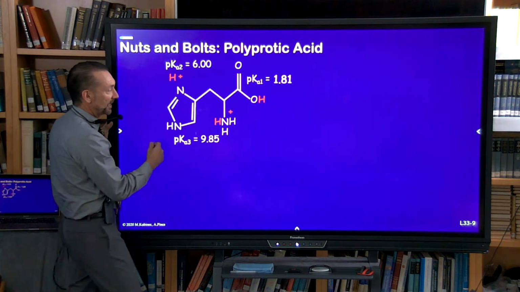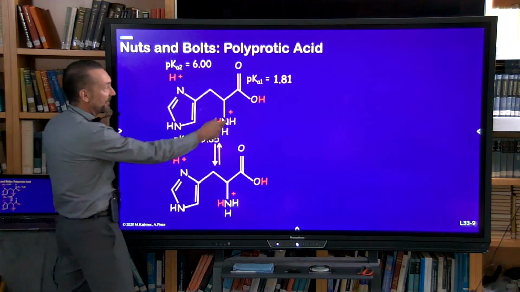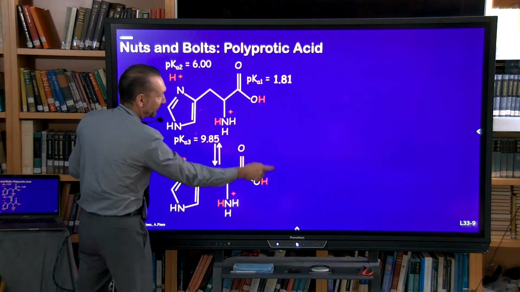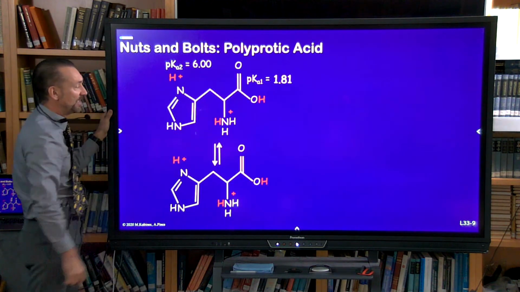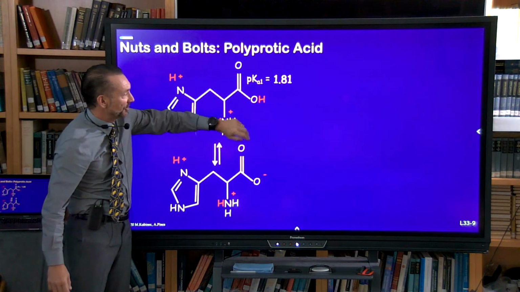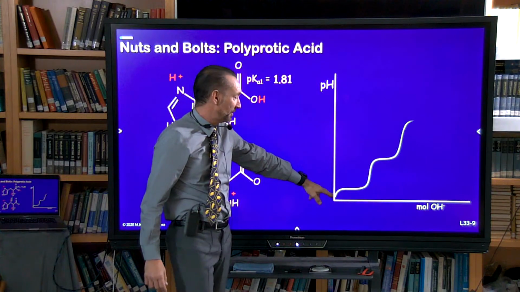So let's look at the titration curve. The first is an equilibrium between these 2 protons. They're the first 2 to come off. We're at low pH. So the pH curve can be sketched like this. It starts somewhere low, some initial pH.